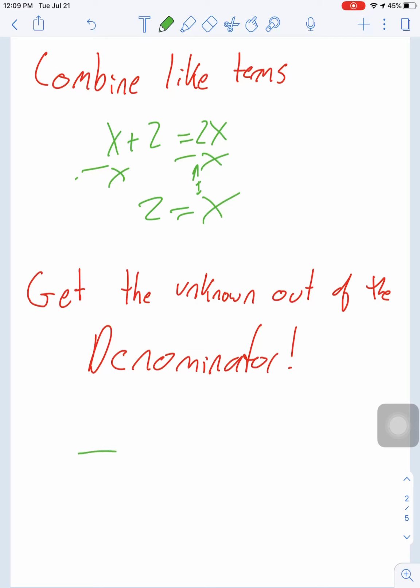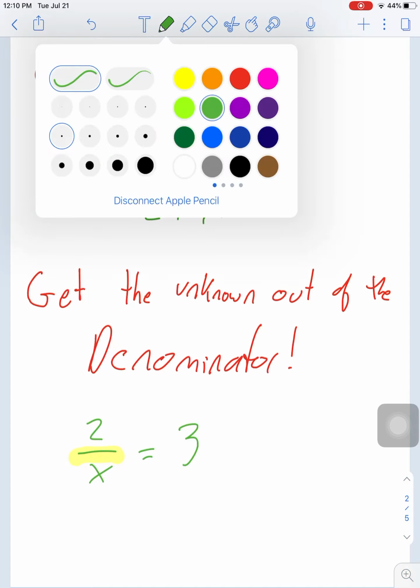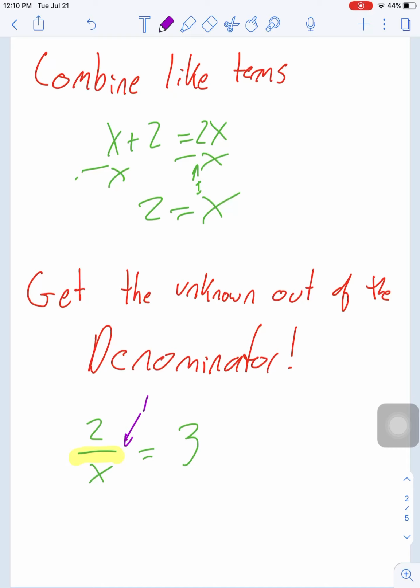The second thing is you want to always get an unknown out of the denominator. So if you were to have an equation that looked like this, oh boy, how do we solve that one? Well, we need to get the x out of the denominator. And recall that this line right there is a big hint. That line tells us that we'll be using division. So how do you undo division? I'm going to undo division by multiplication.